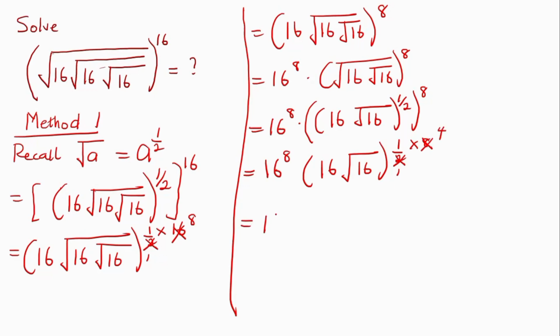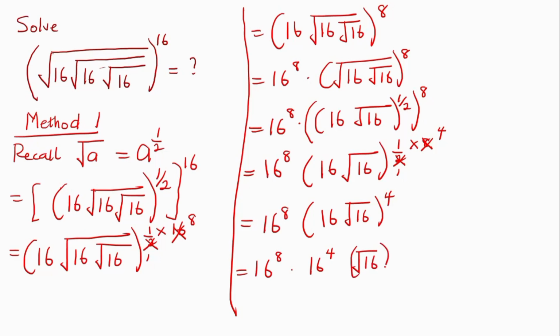This is going to become 16 raised to the power of 8 times the root of 16 raised to the power of 4. Then we have this to be the root of 16 to the 4.